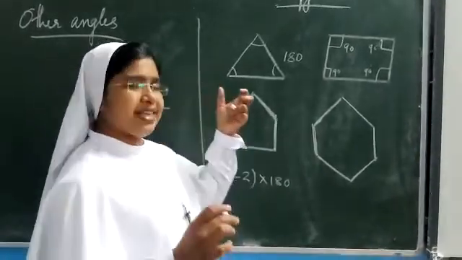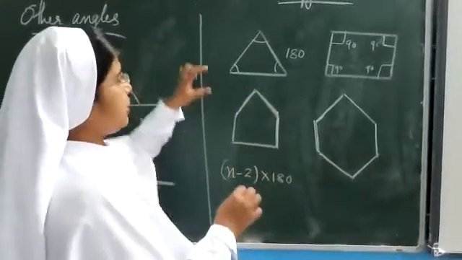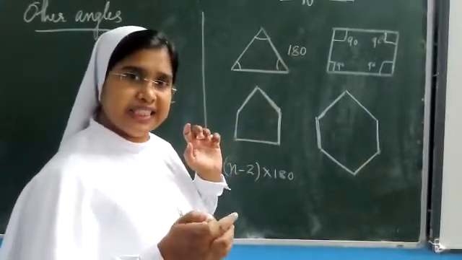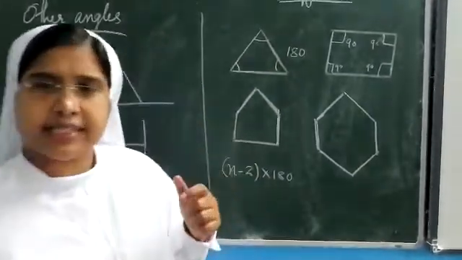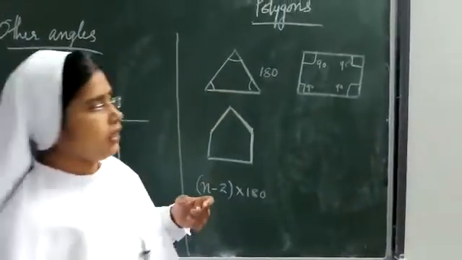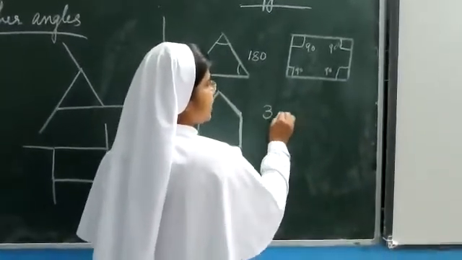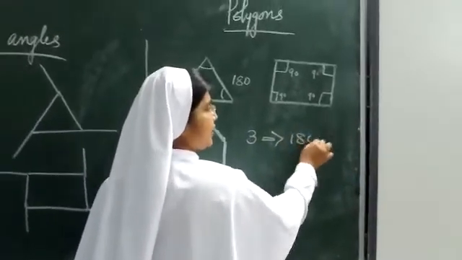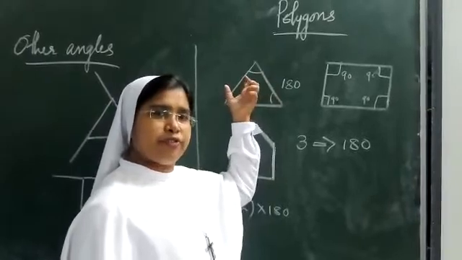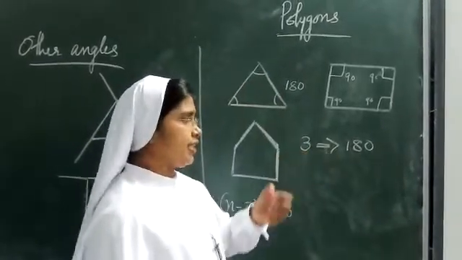So one thing we can say again to remember, each time 180 is added. For example, when there are 3 sides, it is 180. We know this. The sum of the angles of a triangle is 180. Okay.